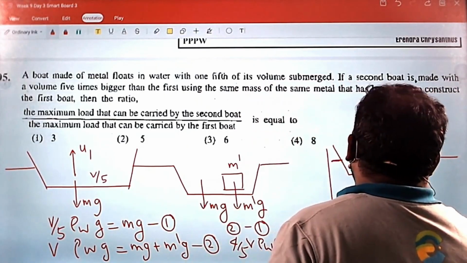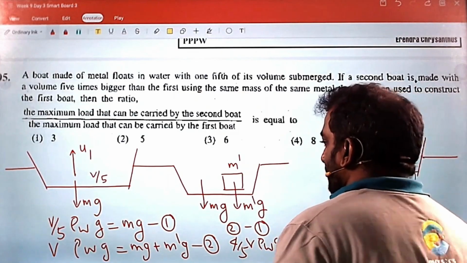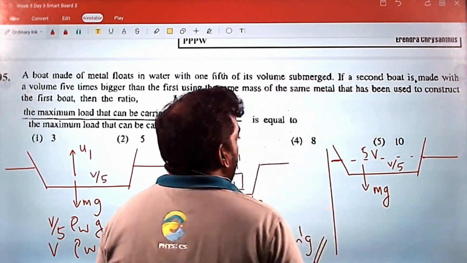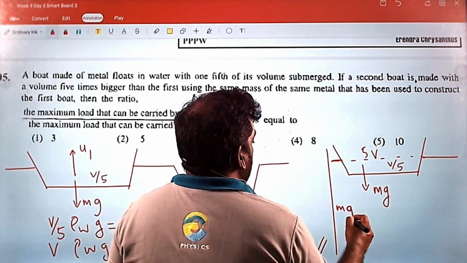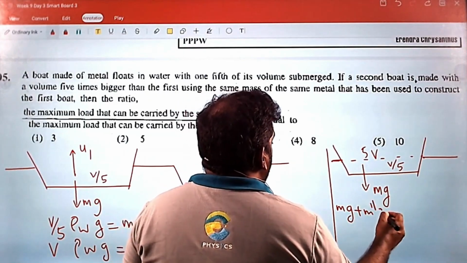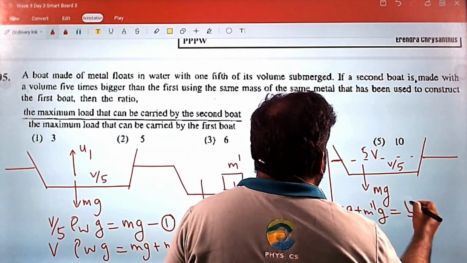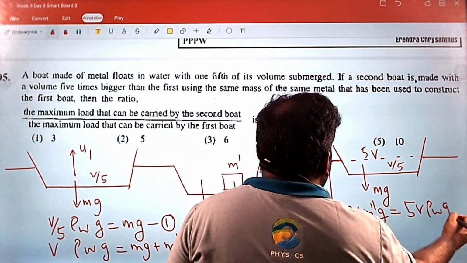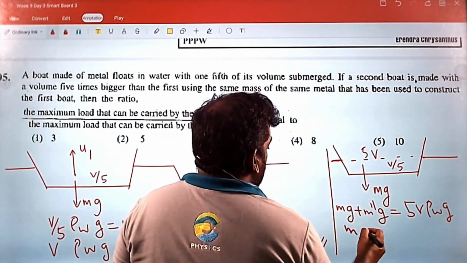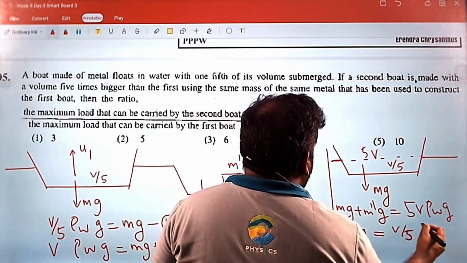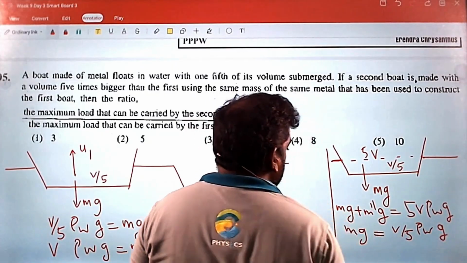Very simple. Submerged volume should be V over 5. Now maximum load: mg plus m double dash g, everything is submerged, 5V rho w g. mg equals V over 5 rho w g.